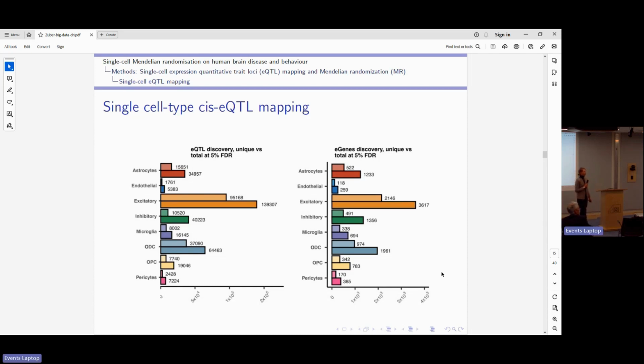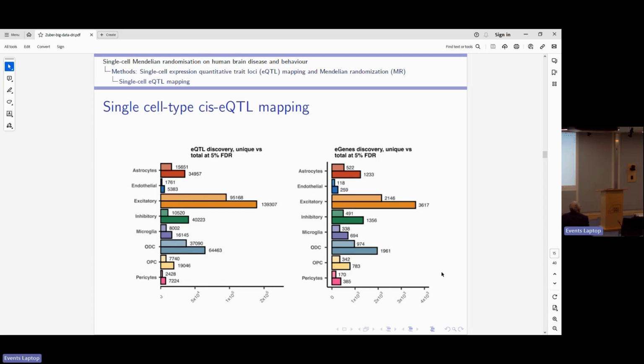Hi, Verena, I had a question. We know in GTEx, for many cis-eQTLs, there's not specificity to specific tissues, meaning a cis-eQTL can be an eQTL for the same gene across many tissues. To what extent do you see something similar with single cells within the brain? That's a very good question. This is eQTL discovery, so unique versus total.